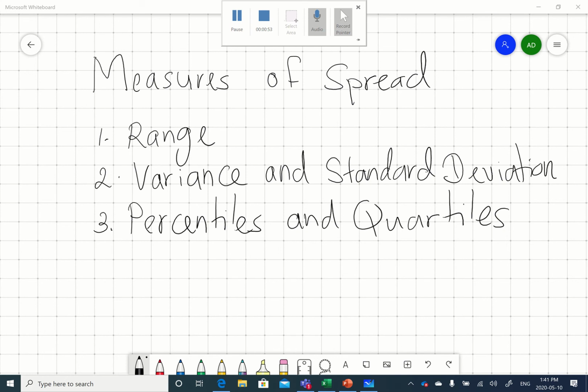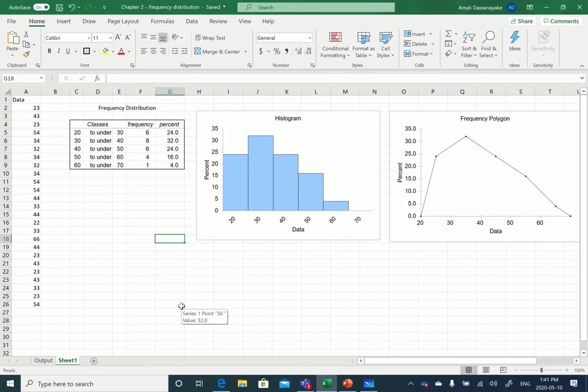Before that, let me go back and talk about what we did in converting a data set into a graph, the graphical summary. Where can we find this idea of spread of the data set?